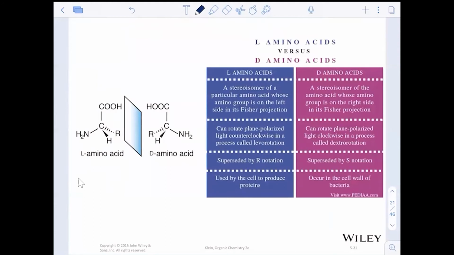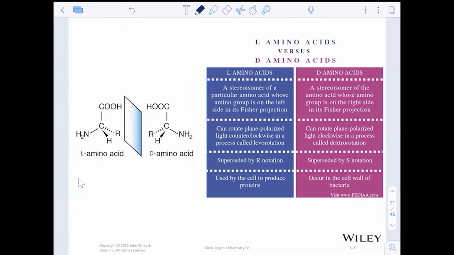Biggest one, we talked about this earlier, at least hinted to it, the idea of L versus D amino acids. L amino acids, which are the R notation, are used by the cells to produce proteins. They are the amino acids that we actually can use, and therefore they can rotate plane polarized light in a counterclockwise rotation called levorotation.